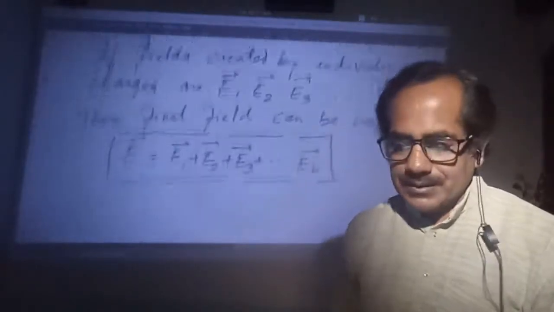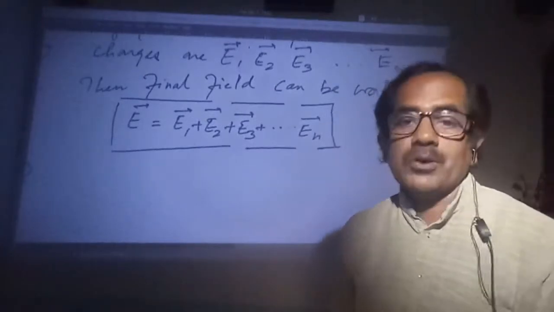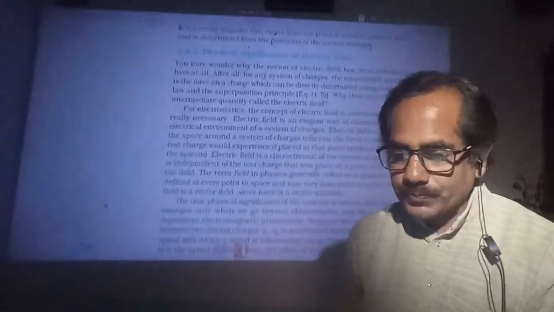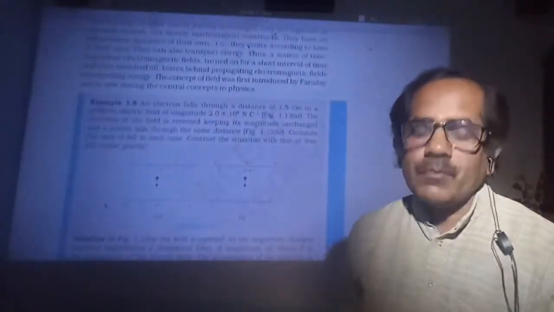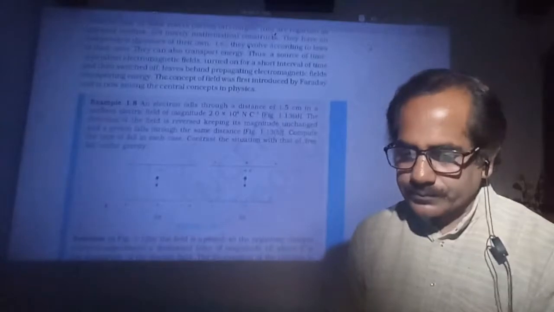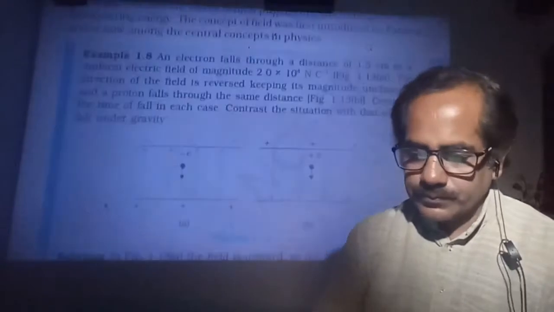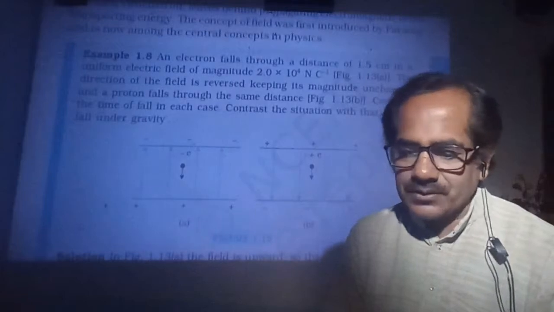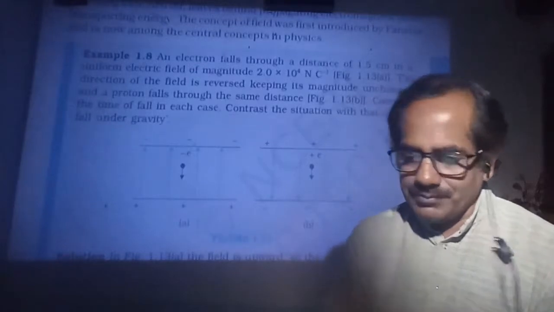Now let us consider, before I go onwards, the two problems given in your book related to this field term. See, one problem is here. Let me zoom it to show you. An electron falls through a distance of 1.5 centimeter in uniform electric field of magnitude 2.0 into 10 to the power 4 Newton per Coulomb as shown in the figure.